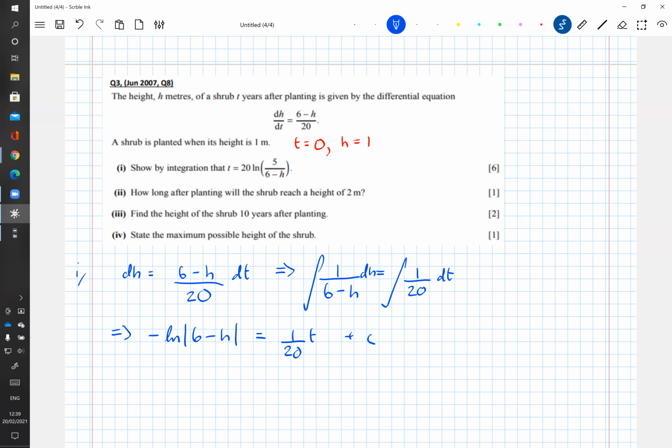Now let's find the plus c. So my advice was find the plus c as soon as it appears. So let's do that. So let t equal 0, h equal 1. And if you hadn't spotted that in the question, this bit wasn't really doable. We couldn't progress any further. Which means that minus log mod 6 minus h, where h is 1, so minus log 5, equals c.